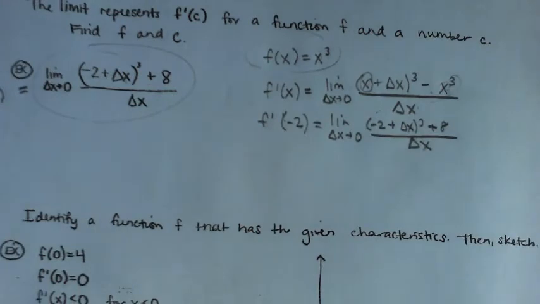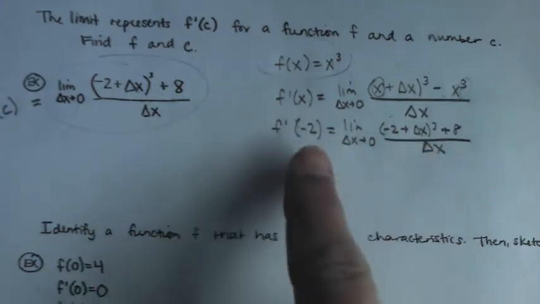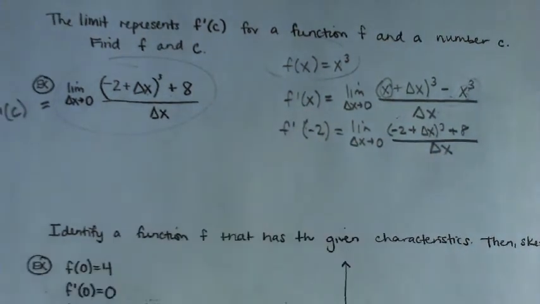That's a tricky one, a different way of presenting it. We've seen some multiple choices on this kind of idea of thinking backwards, but not one that also plugged in a number at which we were looking for the derivative. So this is a little bit more complex. Any questions on that?